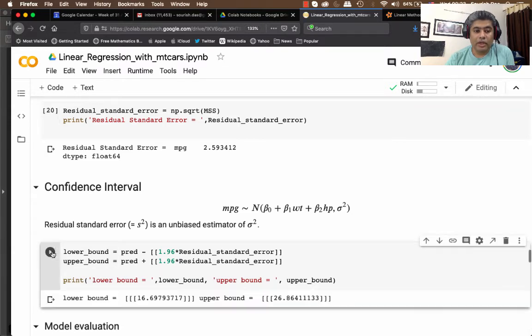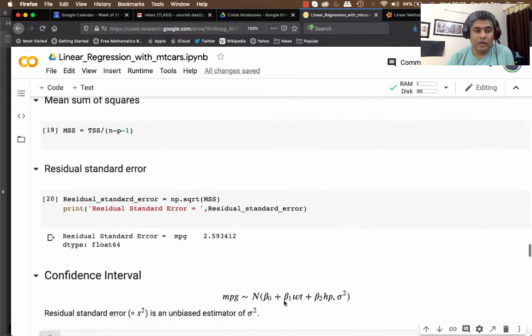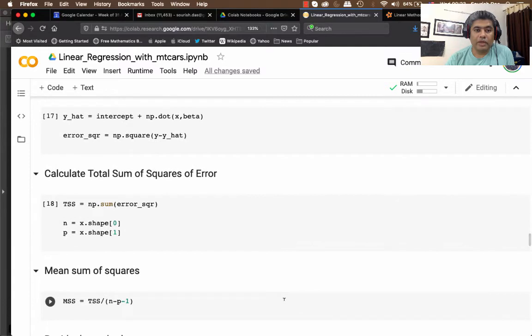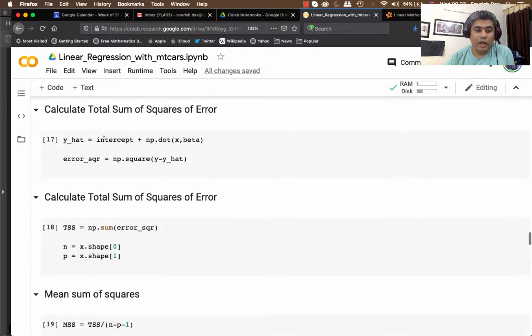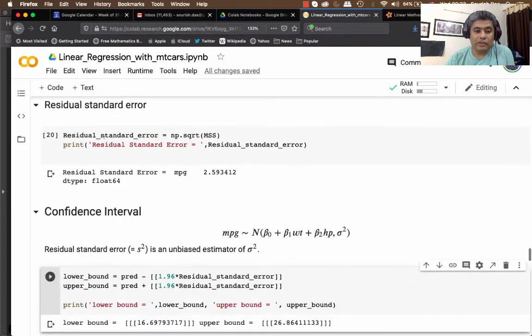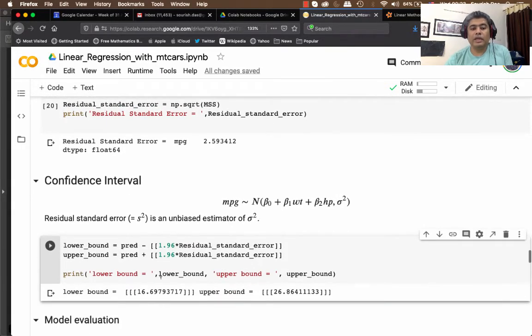So if we run that, this is our lower bound 16.69 and upper bound 26.86. Remember our prediction, if we go up a little bit, was 21.78, and the 95% interval is 16.69 to 26.86.